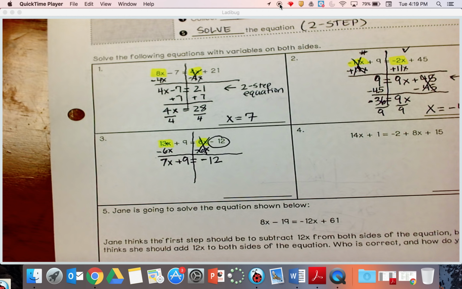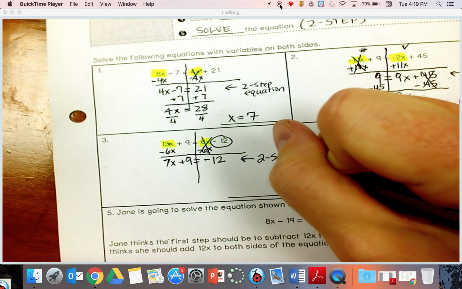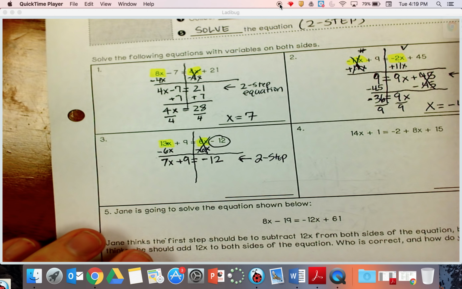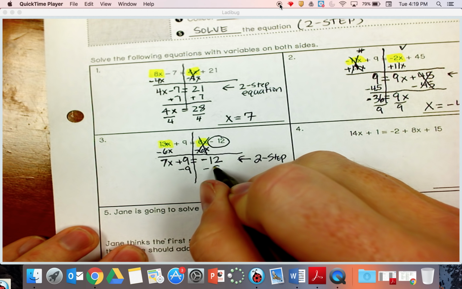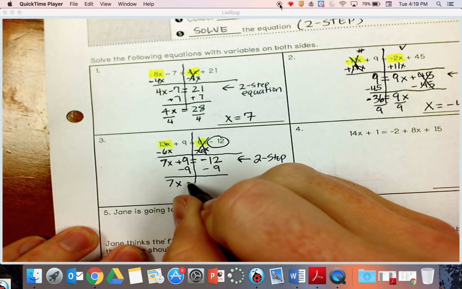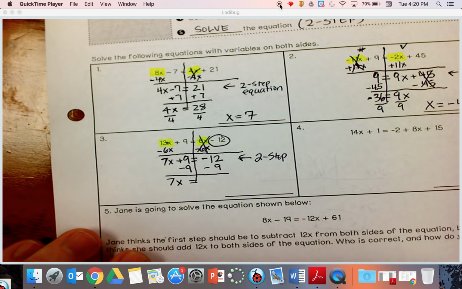So now all I need to do is, wham bam, that looks like a two-step equation. That's why two-step equations are very, very important to be able to solve. This two-step equation, there it is. And I just start solving. Move my start over to my finish. I'm left with a variable on one side. And this right here, negative 12 minus 9.